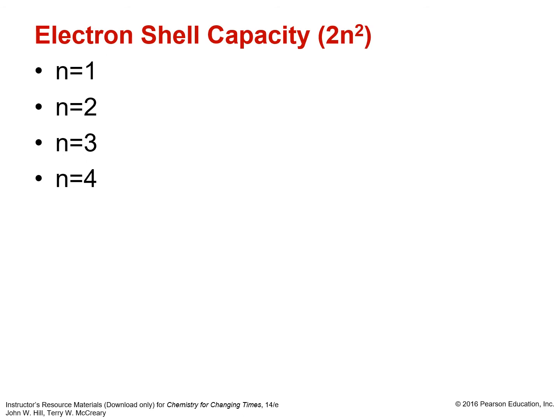I'm going to quickly jump to this. Each energy shell has a capacity of 2n squared. What do I mean by that? When n is equal to 1, you have 2 times 1 squared. That means I can have a maximum of 2 electrons for the n equal to 1 shell.